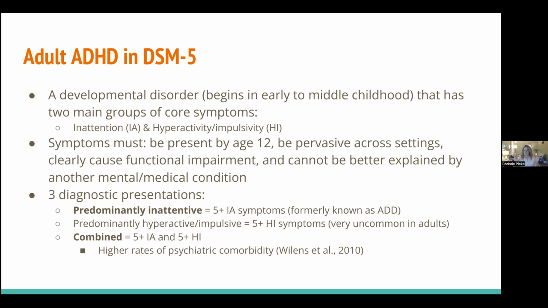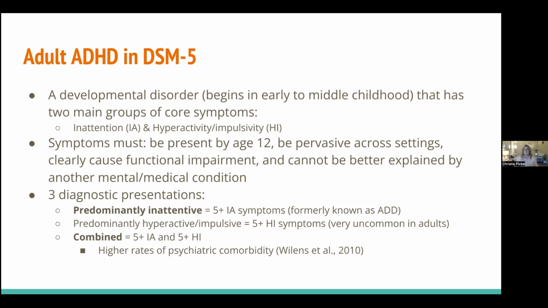So there's a persistent pattern of elevated symptoms in these domains. In addition, at least some symptoms have to be present by age 12. They have to be pervasive across settings, so they can't just happen at school, or just in social settings, right? We want to see evidence that this is across settings.